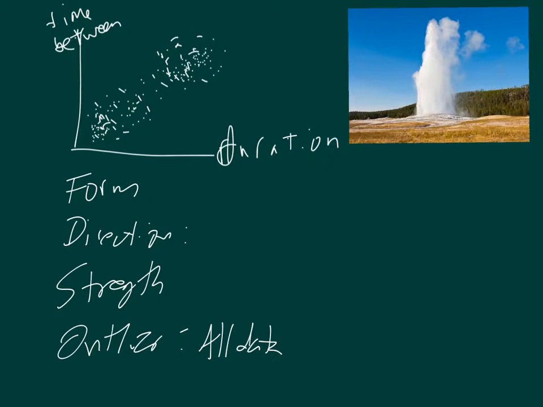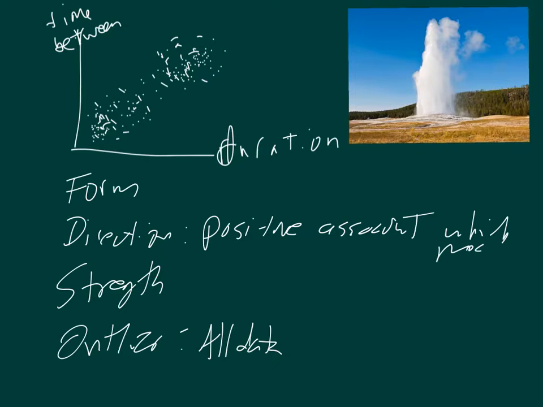I would write all that down. All right, direction. In this case, it's positive association, which means as duration increases, time in between also increases. So that's my direction. Positive association, which means, as the duration of the eruption gets longer, the time in between also gets longer.